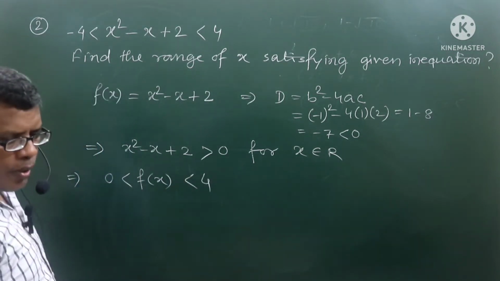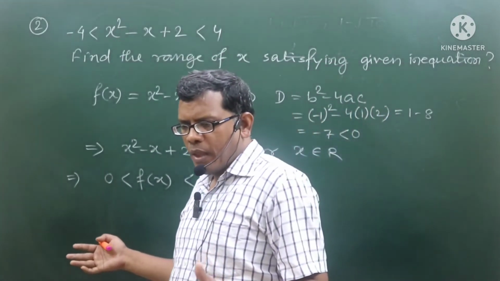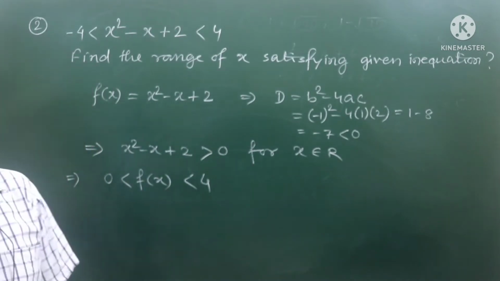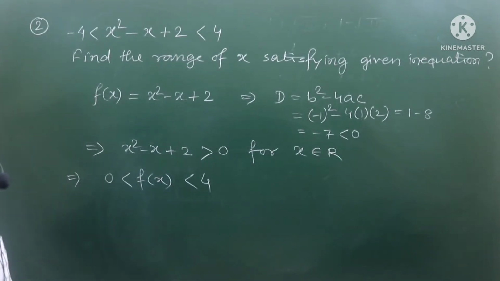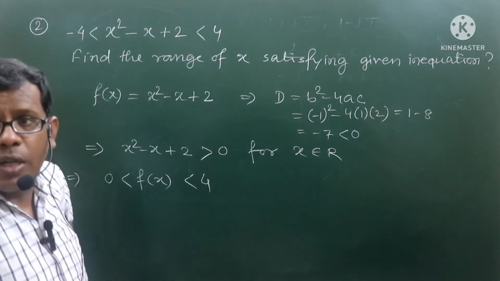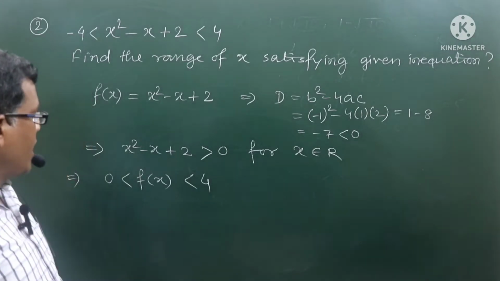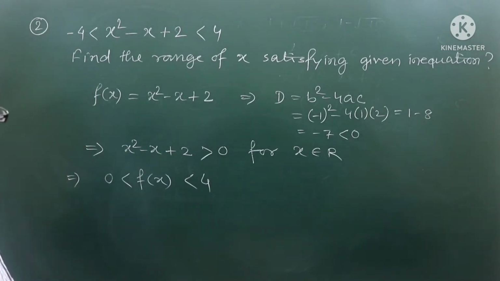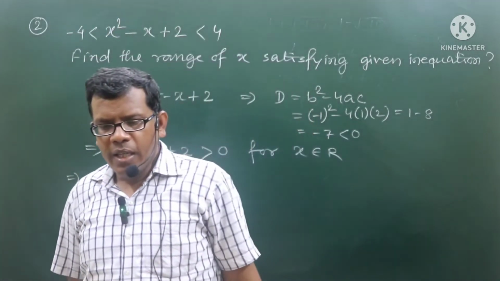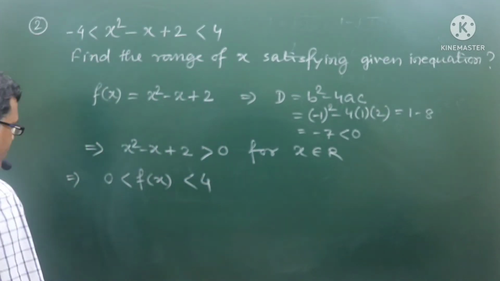There is no need to include the negative values in the range, because f of x will never be negative when x is a real number, as the quadratic part has imaginary roots. Now the question arises: out of the given range of f of x, the valid range will be greater than 0, less than 4, because it can't be negative.